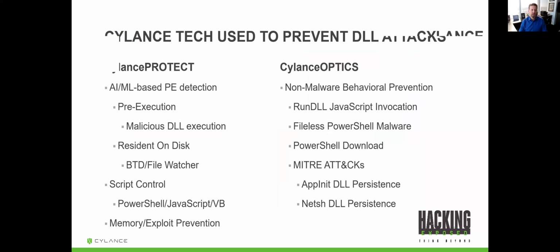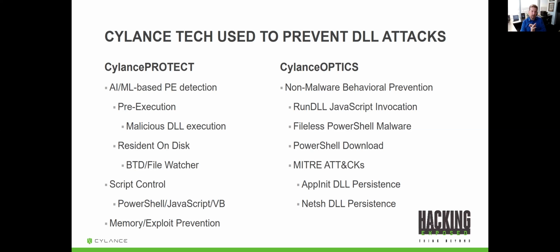All right, so we're going to talk a lot about both the technologies, and we're just going to call it Cylance rather than just say Protect or Optics. But if you think about where the prevention layers come into play, you can look at it from a Protect versus Optics scenario where Protect has, for sure, the ML-based PE and DLL pre-execution prevention detection.